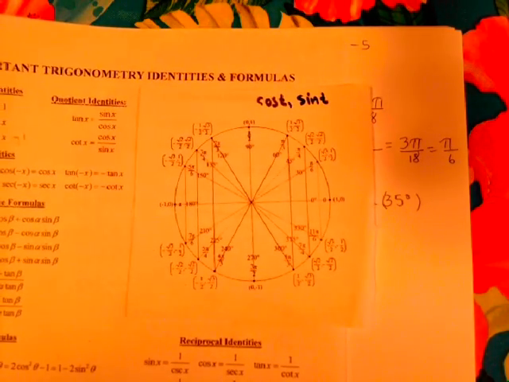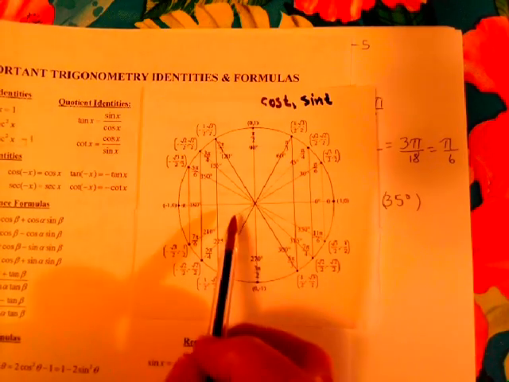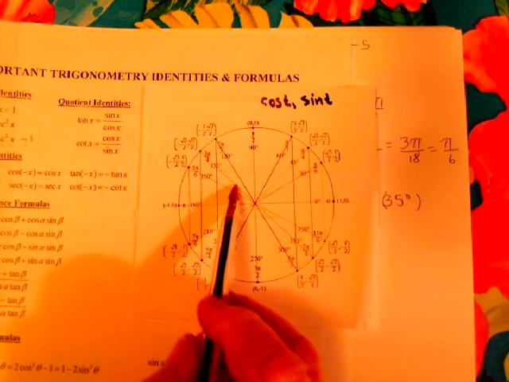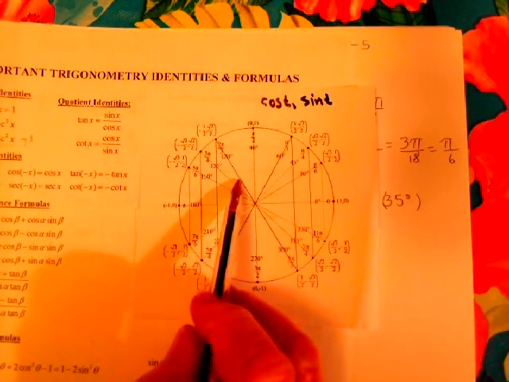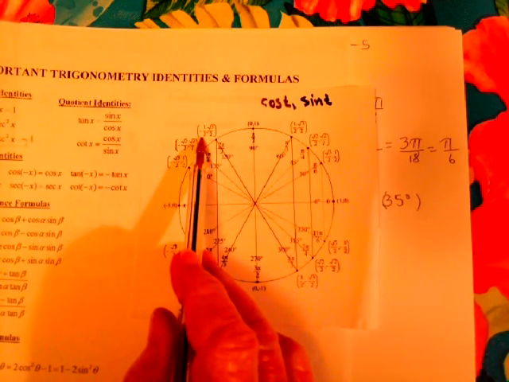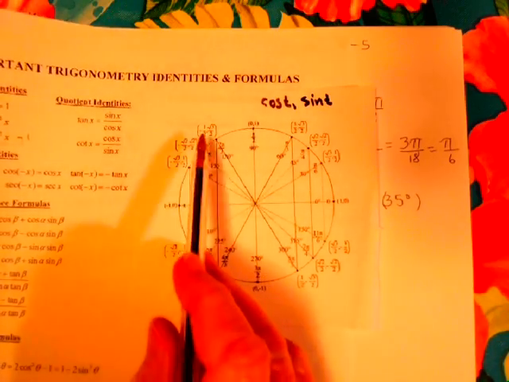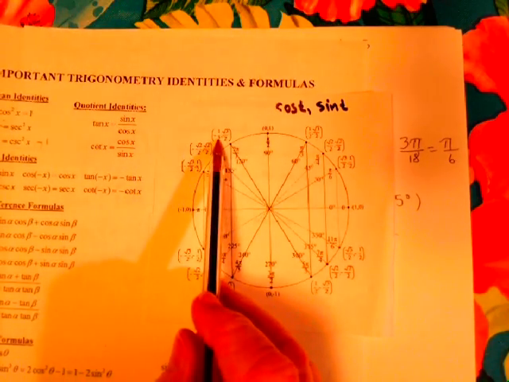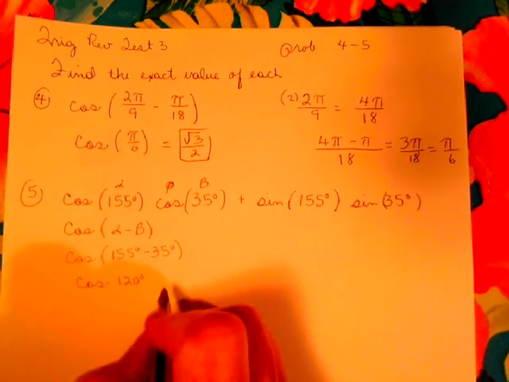We'll look at the unit circle. Find 120 degrees. You know that that first number is cosine. Negative 1/2 is your answer because it shows negative 1/2 right there.